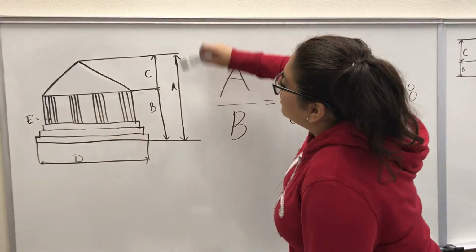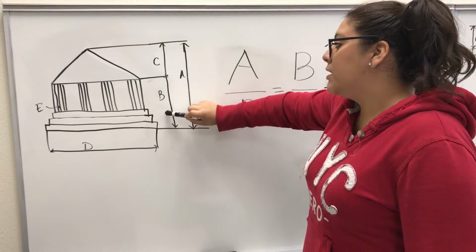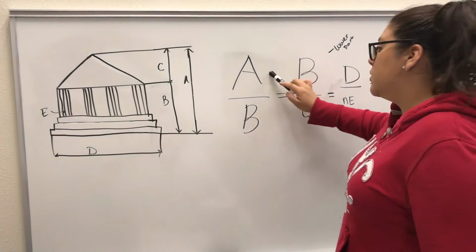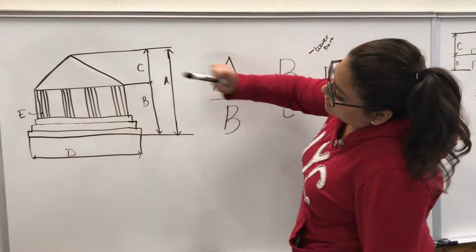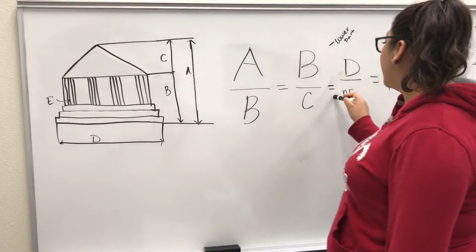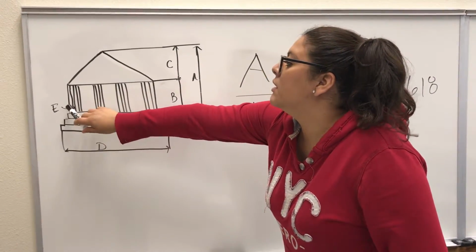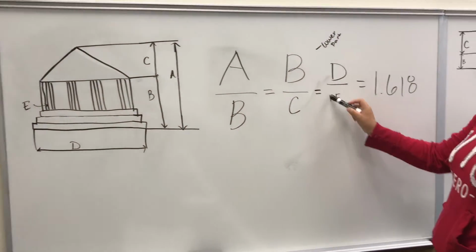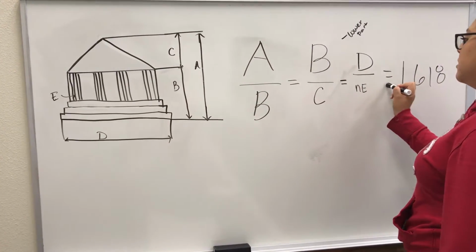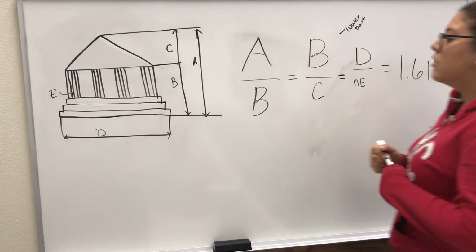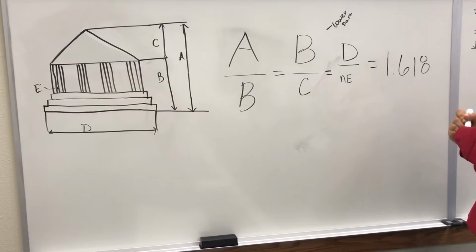According to this example, the measurement A corresponds to the lower measurement, which is B. So this is how A over B equals B over C, with B corresponding to C. That also equals the width of the sample corresponding to the width between each column, where N represents the number of columns. So then that all equals 1.6. And if you do these separately, A over B will always equal 1.618. And that is pretty cool.